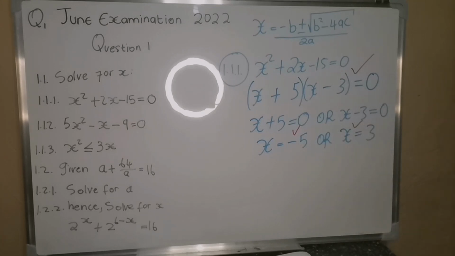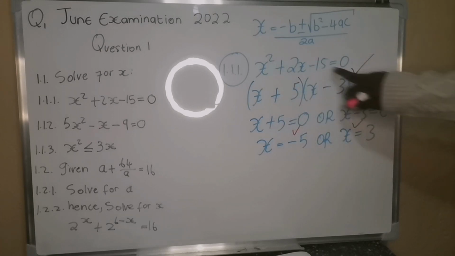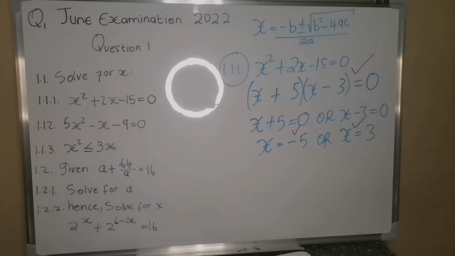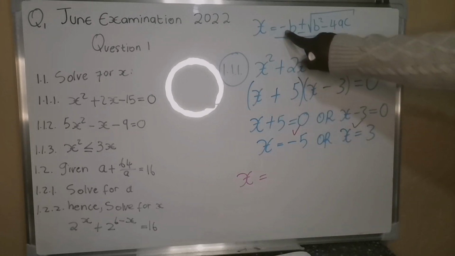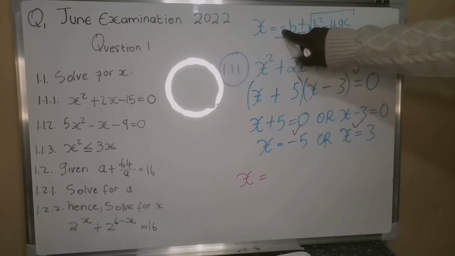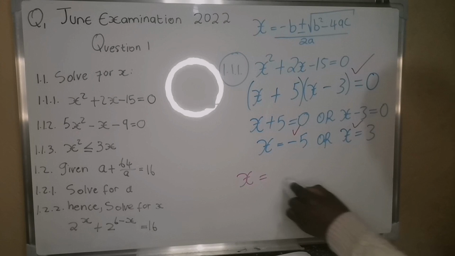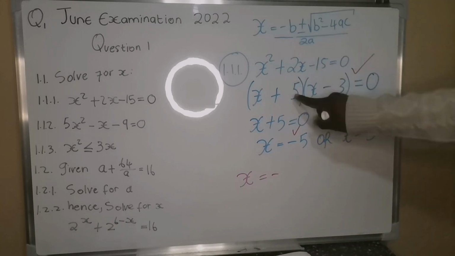Alternatively, for this one, guys, you can apply the quadratic formula on this very same equation. You can say x equals negative b. Let us apply the quadratic formula. Negative, what is the value of b? It is 2.